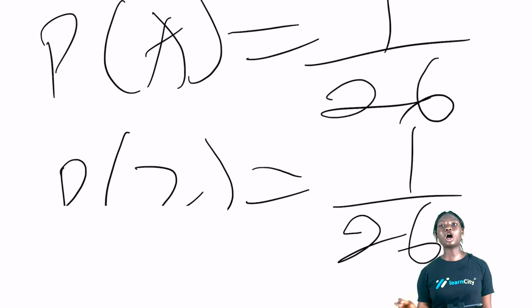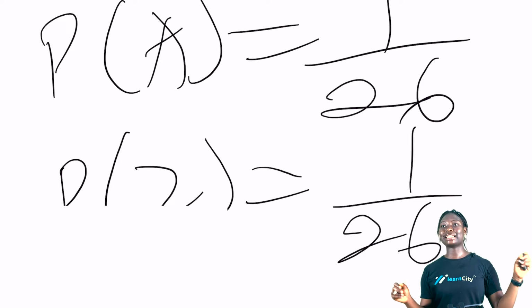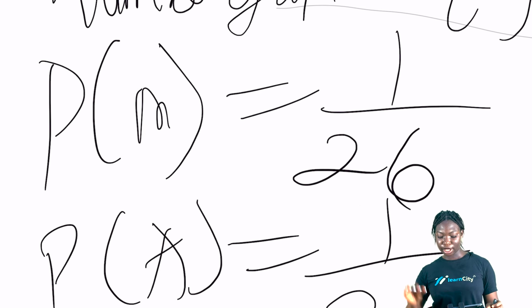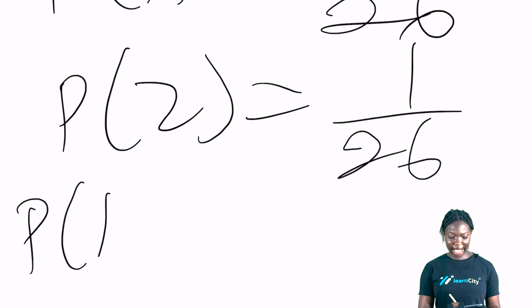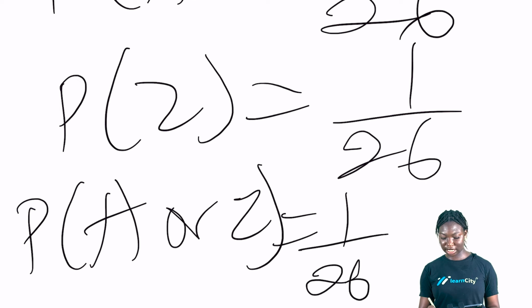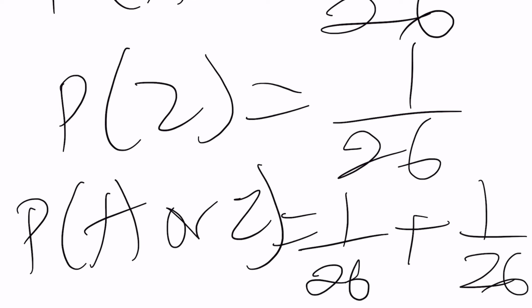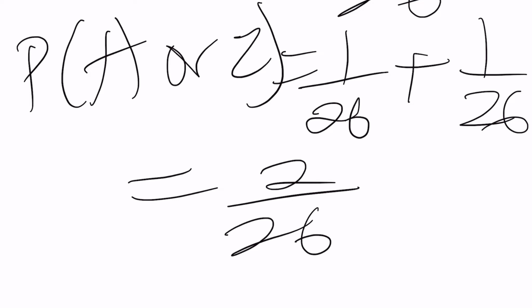Now, the probability of getting not an A or Z will now be 1 minus 1 over 26 plus 1 over 26. So the probability of getting A or Z is 1 over 26 plus 1 over 26, which is 2 over 26, which is 1/13.